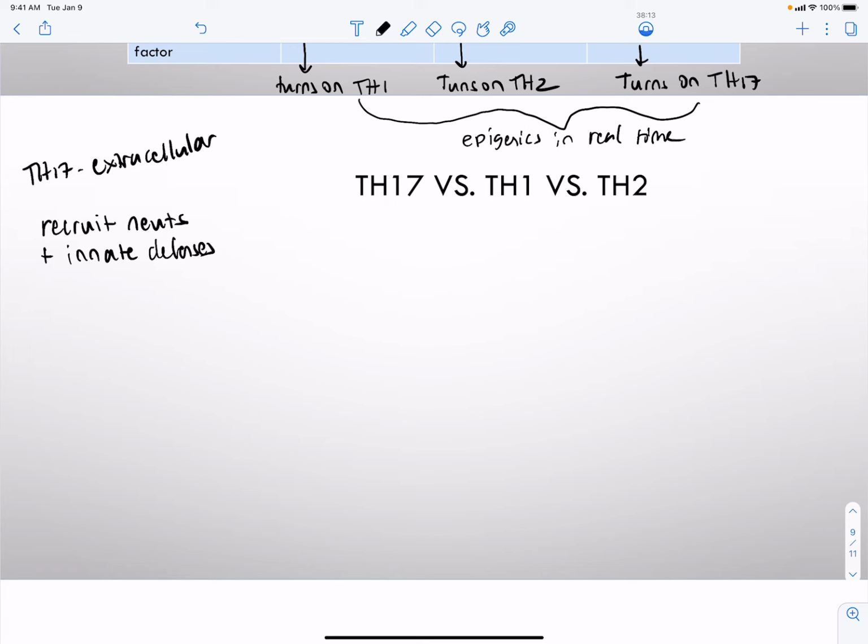And so in general, really, your antibiotics are very helpful, or anti-fungal agents are very helpful for this. For Th1, you're going to have your intracellular pathogens, and you're going to have a Th1 response, and critical are CD8 cytotoxic.